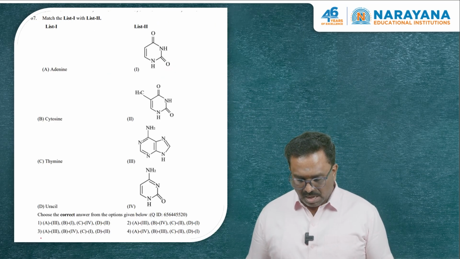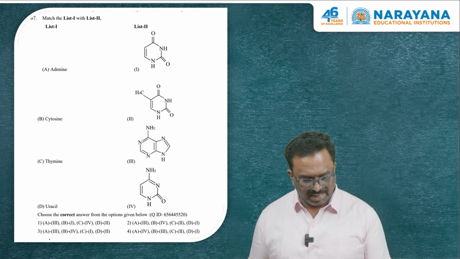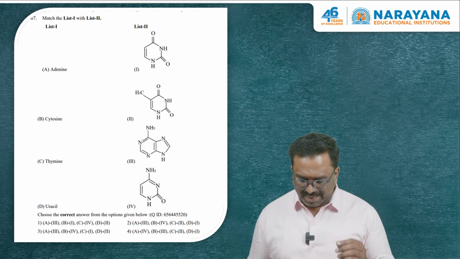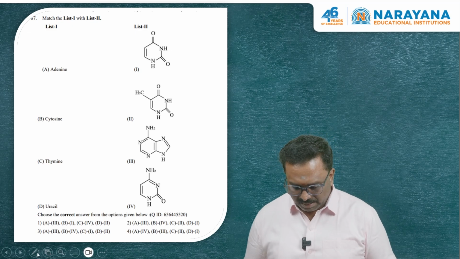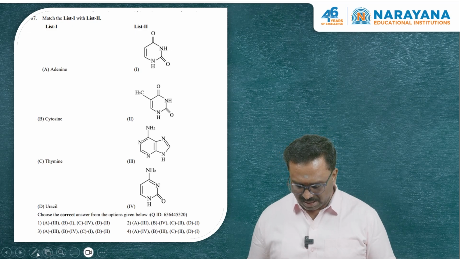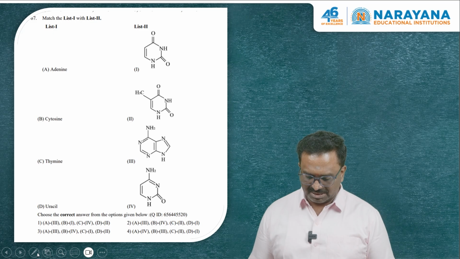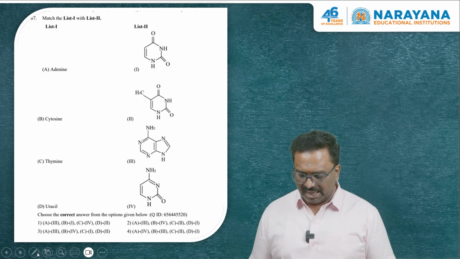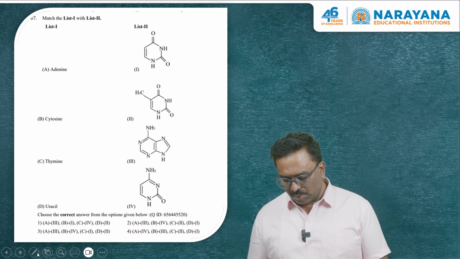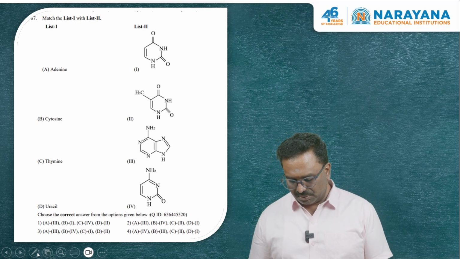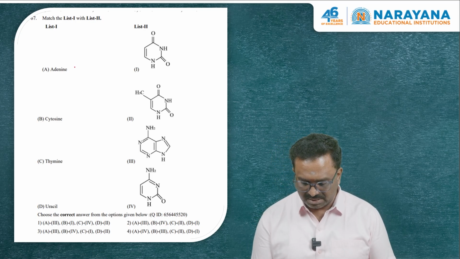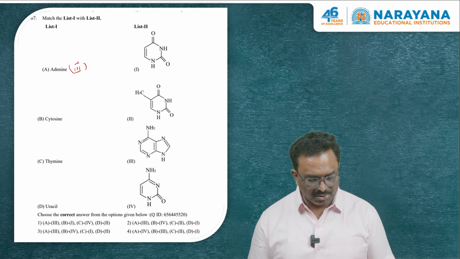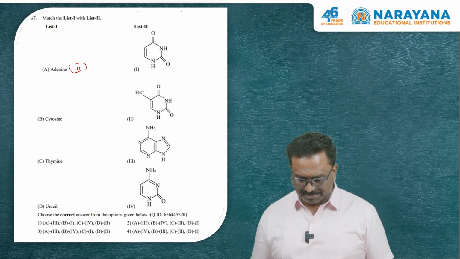Here we have a list of compounds. This was given as adenine. Adenine is a purine. The remaining, cytosine, thymine and uracil, are pyrimidines. So purine has two cyclic rings present. Only one molecule has the two cyclic rings, you can see the third molecule is the only one having that.